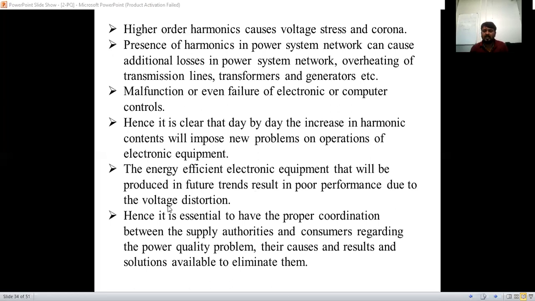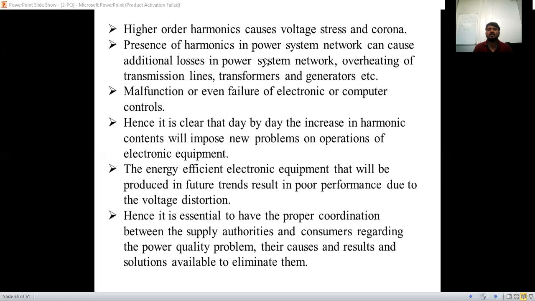This book was written around 10 years back. The power quality subject is almost old, but nowadays it is applicable. Already whatever voltage we are getting is distorted voltage, but the technology has improved. How has the technology improved? How are we already using energy efficient equipment? I will consider that.